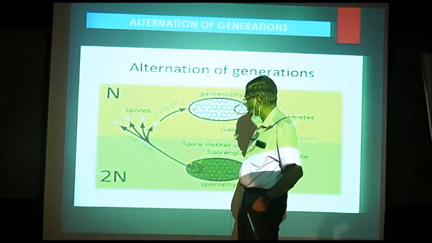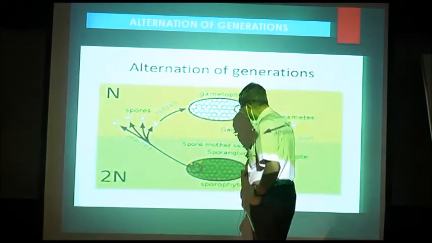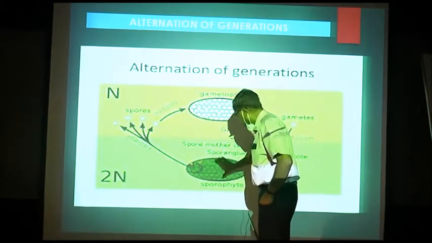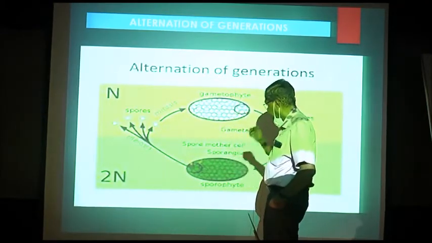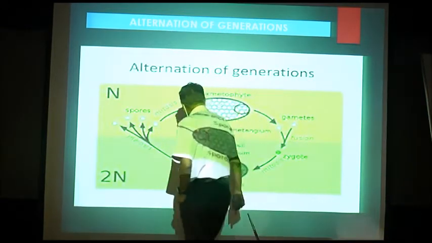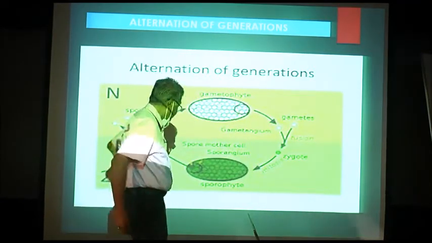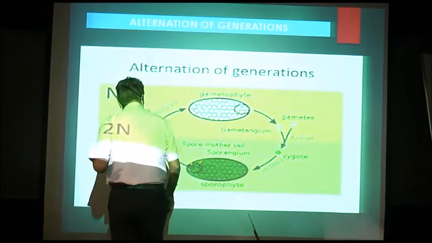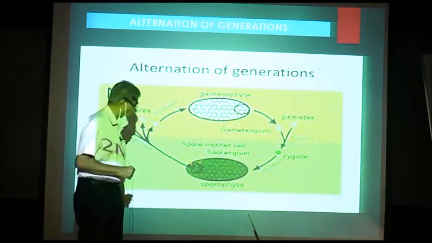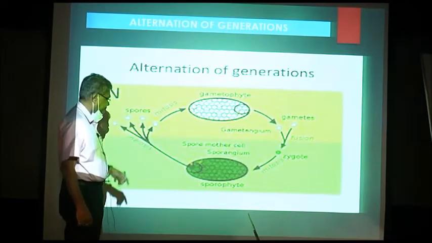Whereas in angiosperms it is different. Before going to the angiosperms, let us see here. This is the sporophyte. The sporophyte has 2n number of chromosomes, that is diploid. This cell of the sporophyte, the spore mother cell, divides to form spores.